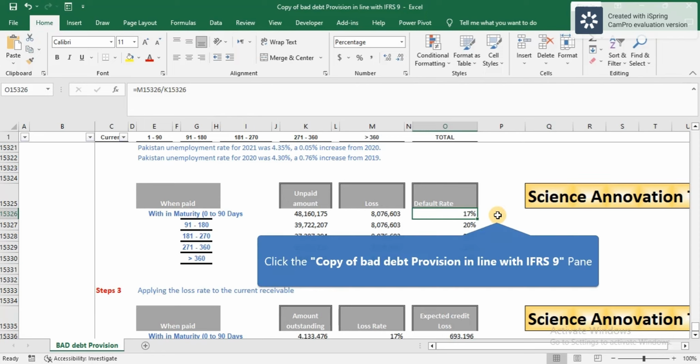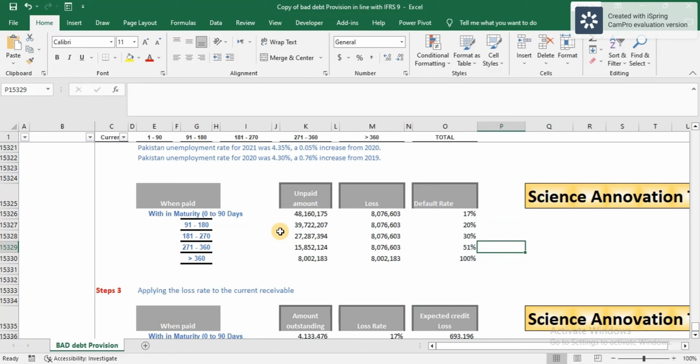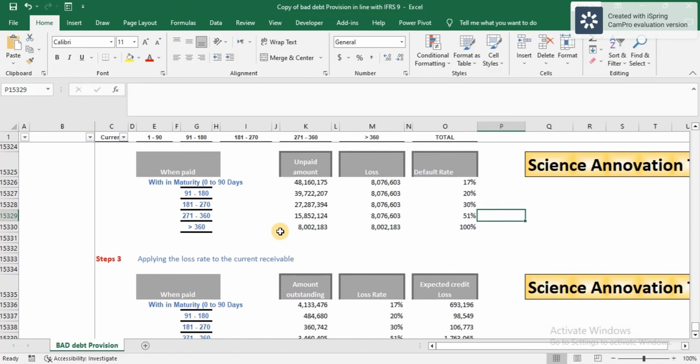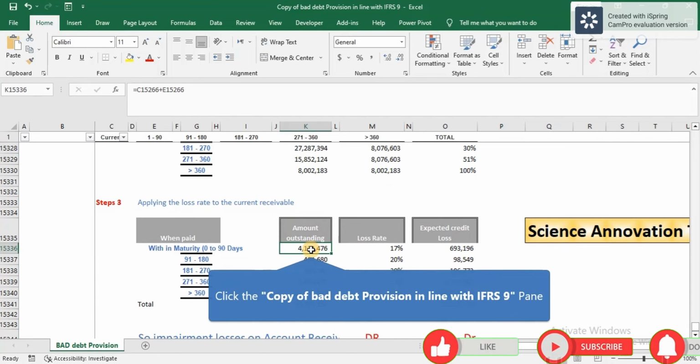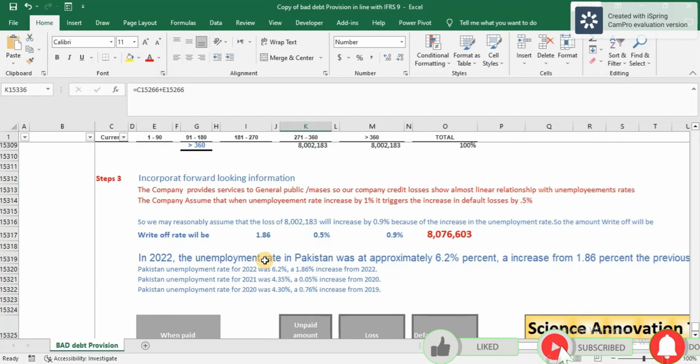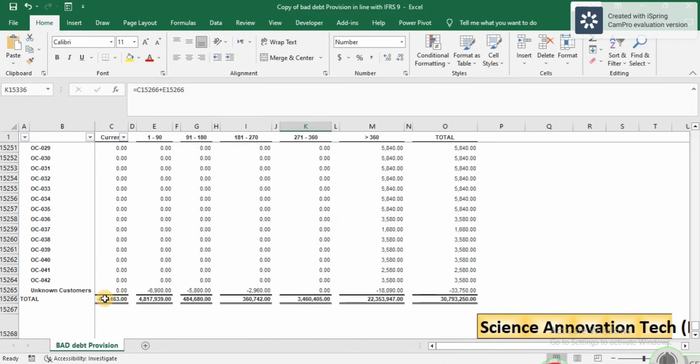It might be 2%, 3%, or 4%, because this company never created provision previously. So this is my actual aging, which I already took from my software.